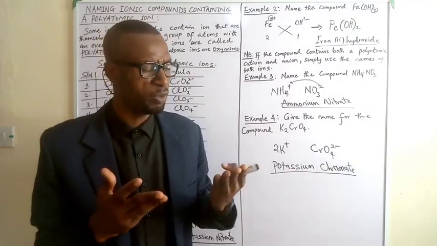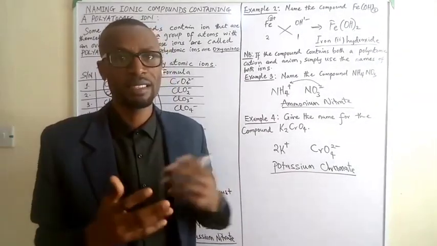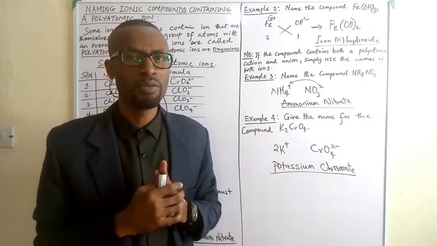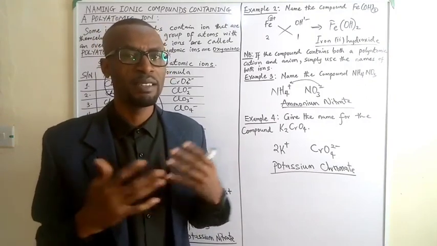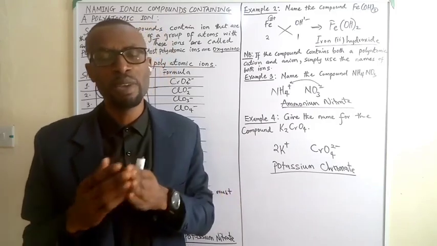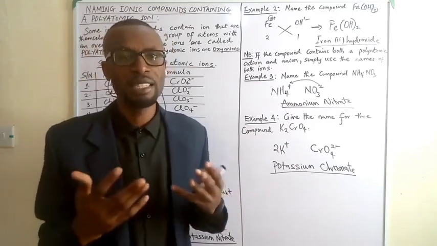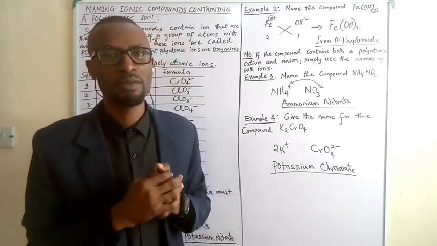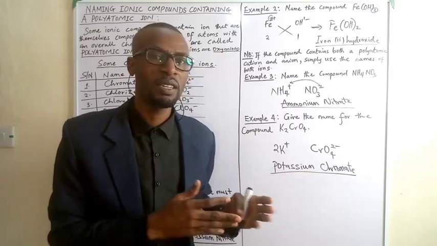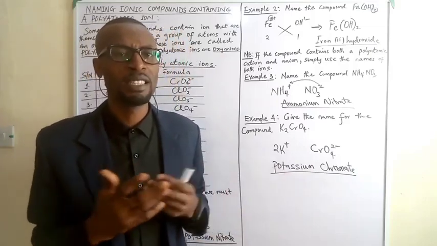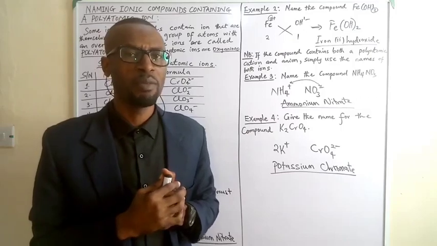There we are going to begin to pay attention to the energetics of what is happening when ionic bonds are broken, and of course when they are made, the relationship between the breaking of ionic bonds, the making of ionic bonds, and the energy involved, whether they absorb energy or they lose energy. We are talking about both exothermic and endothermic processes, and all of those energetics that go with ionic bonding.